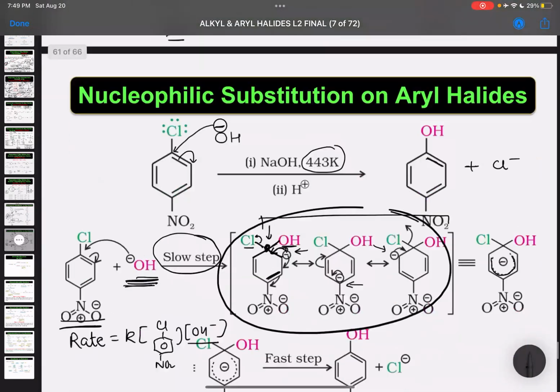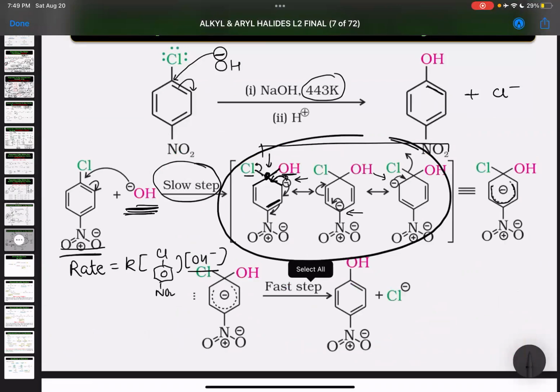Or you can see this also: the minus charge which has formed in the intermediate will form at ortho and para positions, it will pass through ortho and para, and once it passes through the para position, it will get into the NO2 group also, so that it will get stabilized by the NO2 group. Is it clear?